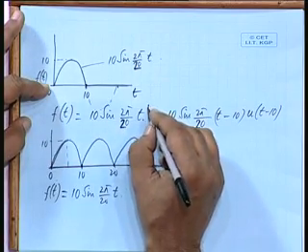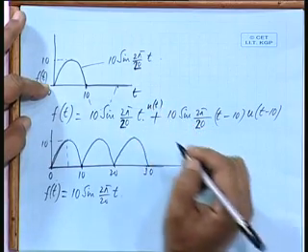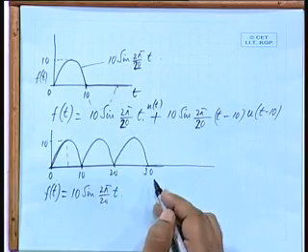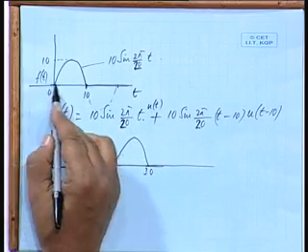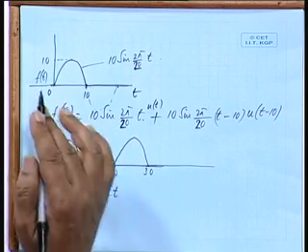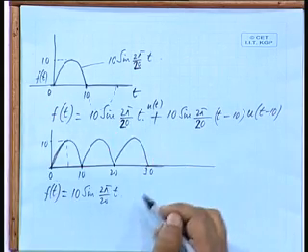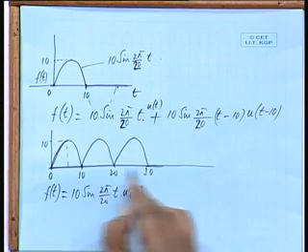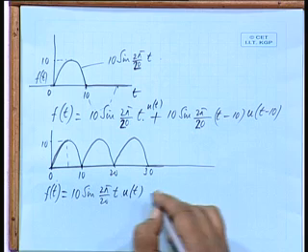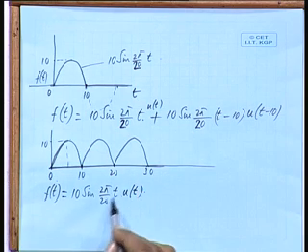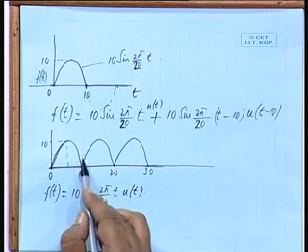Otherwise, to be more precise, I should have written it multiplied by u t, the first one. Then it will be precise. It does not exist on this side either. So, t into u t. Now, what will be the representation? 2 pi by 20 t into u t is this one.